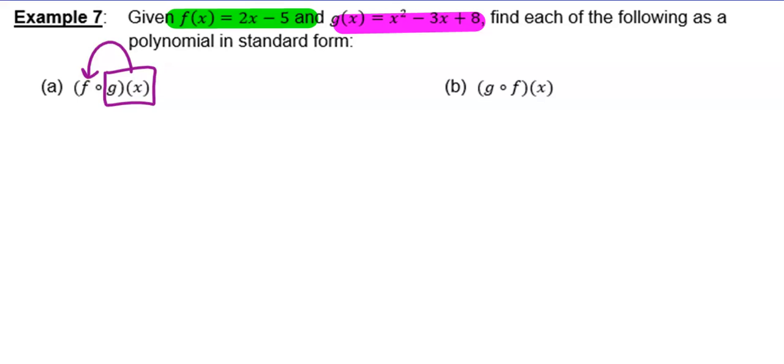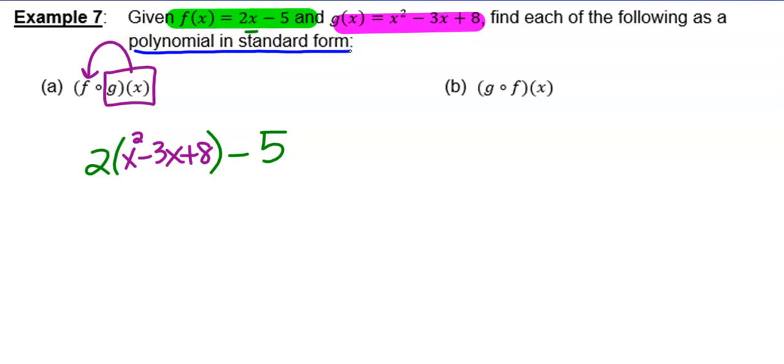I'm going to start with the f of x, and I'm going to write it, but leave gaps for all the x's. Then I'm going to fill the g function in there. So the g function gets filled where all my gaps are for x. So I have to fill in an x squared minus 3x plus 8. That was my only fill-in. And now I need to answer the question, again, polynomial in standard form. So I have to simplify this.